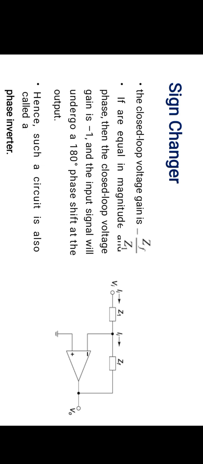If they are equal in magnitude and phase, then the closed loop voltage gain is minus 1 and the input signal will undergo a 180-degree phase shift at the output. Hence, such a circuit is called a phase inverter.